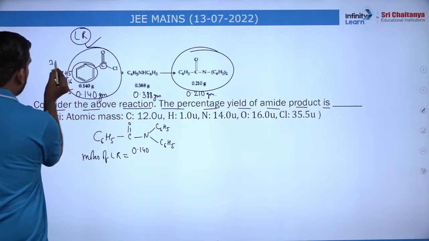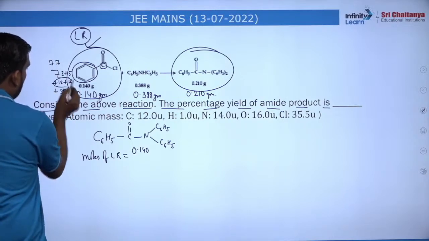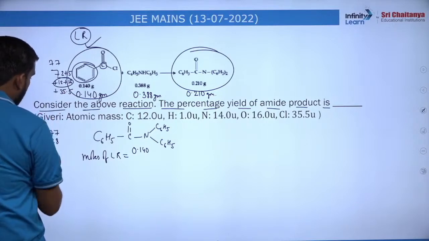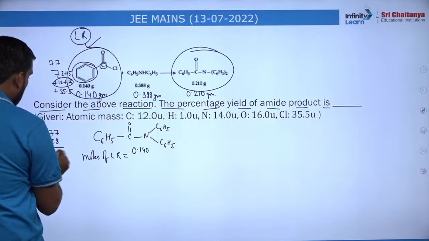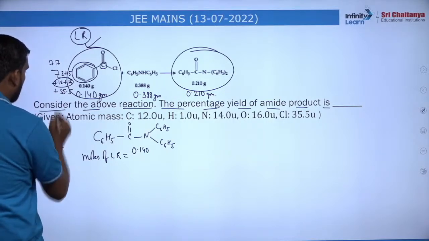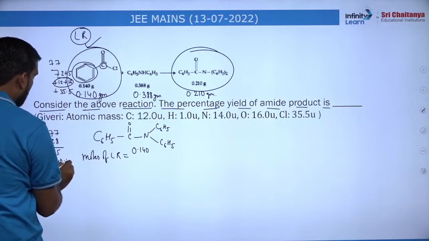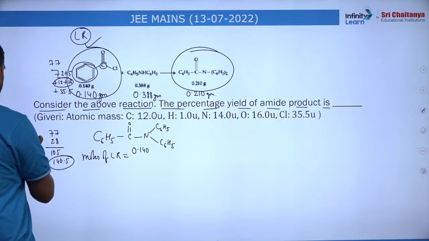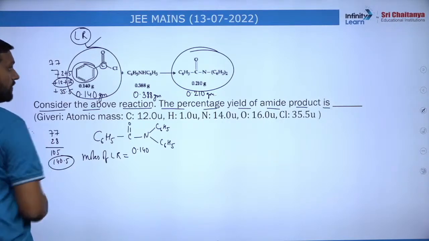It is 77, and 28, and this will come out to be 105 point something, so it will be something like 140.5, I think. Okay, so the value comes out to be 140.5.